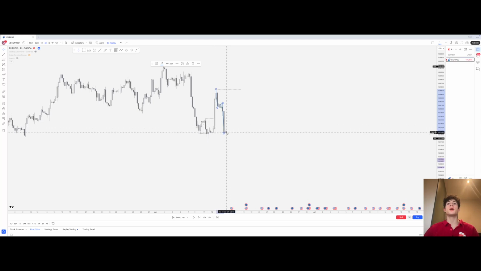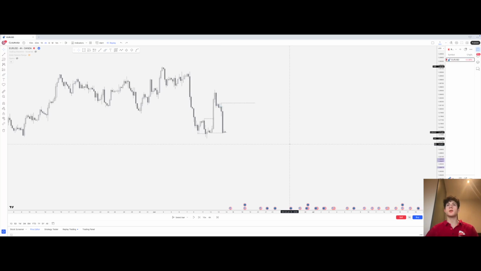So once we break that fractal low, then this becomes your fractal high, because it is the most recent high that broke the fractal low. So this was your high where we were selling off, but then you created another internal high, which is the most recent high that broke the fractal low. So this now is your fractal high.